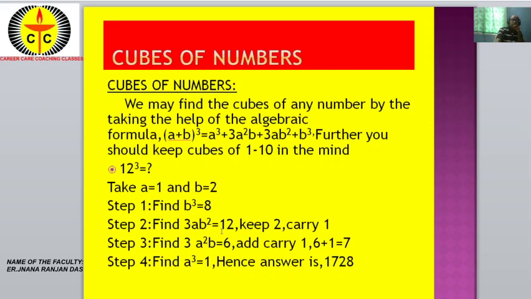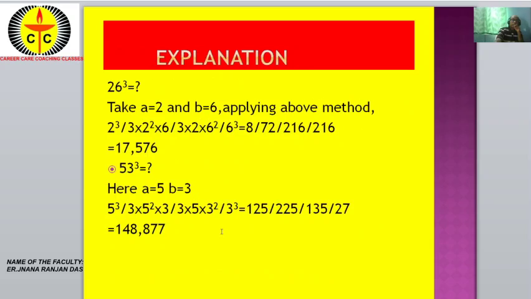We always proceed from the right of the number. Here we take another number, 26. Take a is equal to 2, b is equal to 6. Applying the above method, b cube, 3ab square, 3a square b, a cube, which becomes 8, 72, 216, 216.